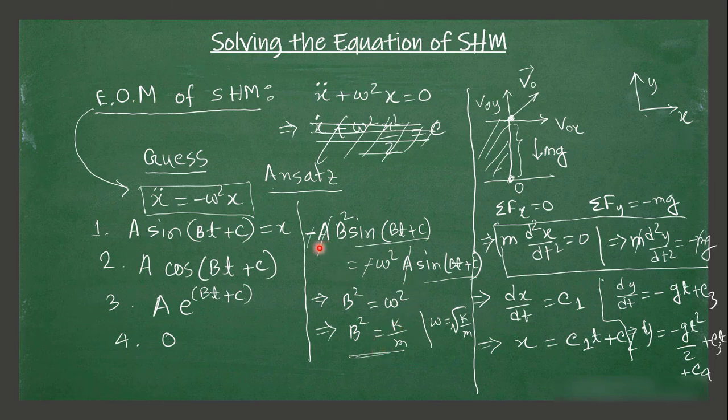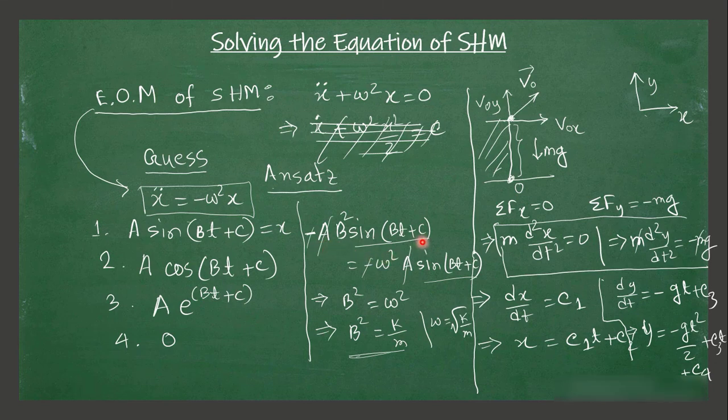But what about the constants a and c? Well, we could not find any value here, right? So that means that this a and c can take any value for a given equation of motion. Later, you will see that we can associate this constant b with the frequency of the simple harmonic oscillator, this constant a with amplitude, and this constant c with the phase.